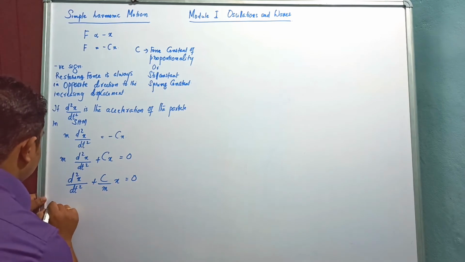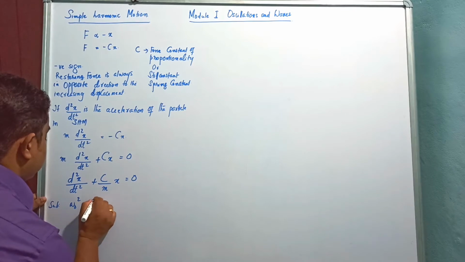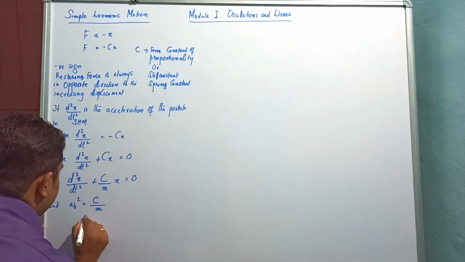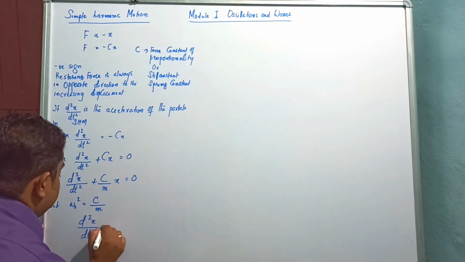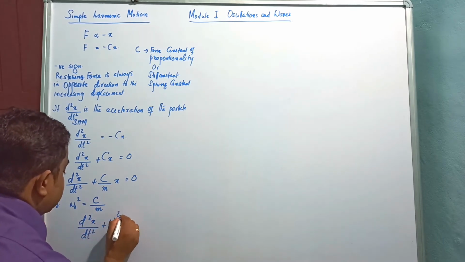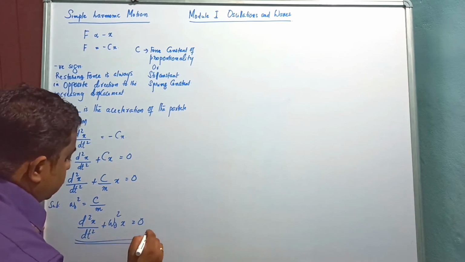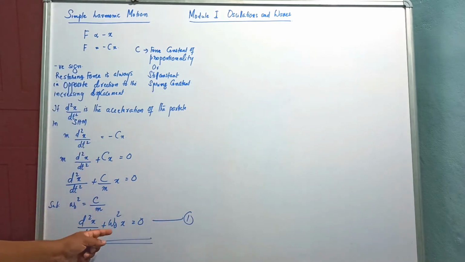Substitute omega 0 square equal to c by m. So we get d square x by dt square plus omega 0 square x is equal to 0. This is the differential equation of a simple harmonic oscillation.